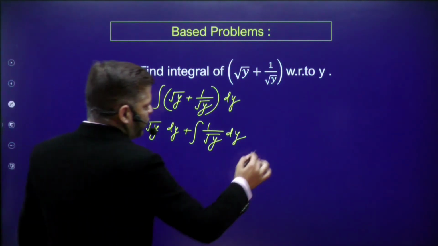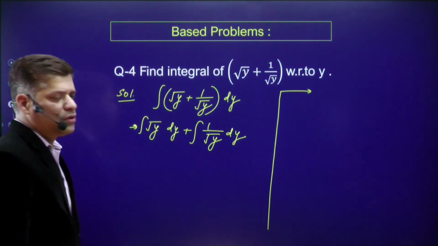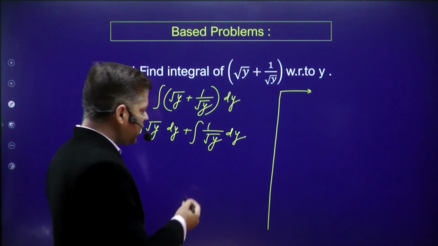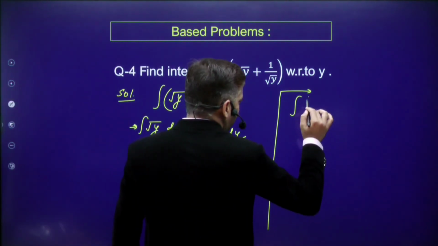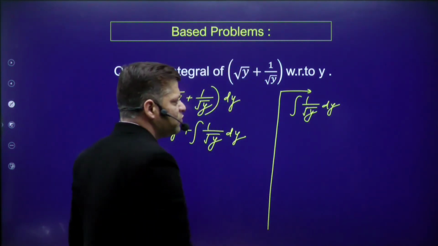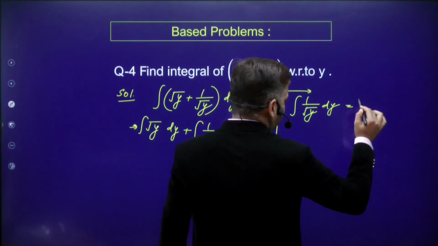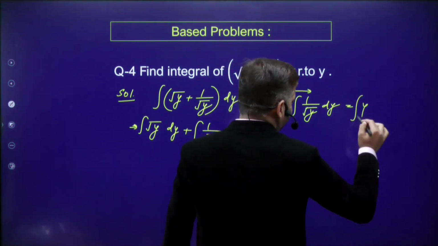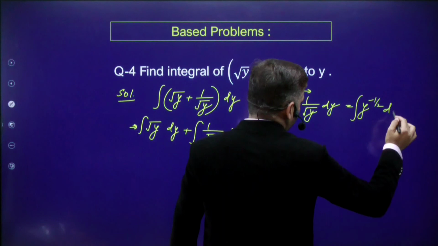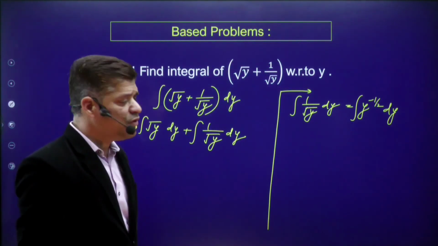Now my dear students, on the right hand side we do some rough calculation and understand the integration of 1 upon root y dy. This you have to learn directly, but before that, you see how we prove it. We can write it as y raised to the power minus half dy.